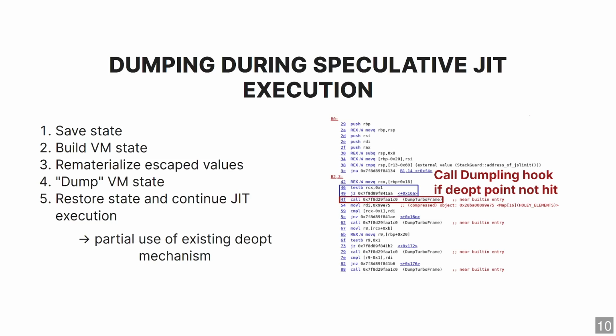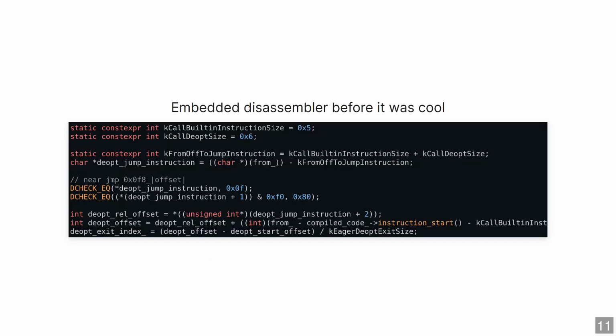So we print out the serialized form of the VM state, and then we restore the saved machine state and jump back to this exact position where we left off. So we make partial use of the existing de-optimization mechanism to obtain the VM state during JIT execution.